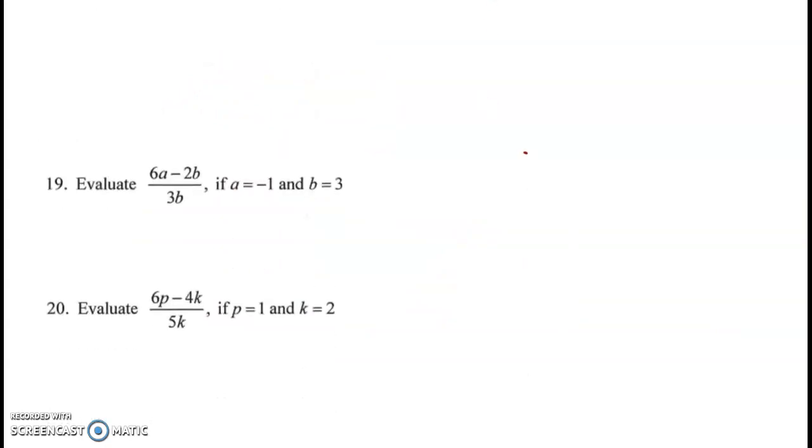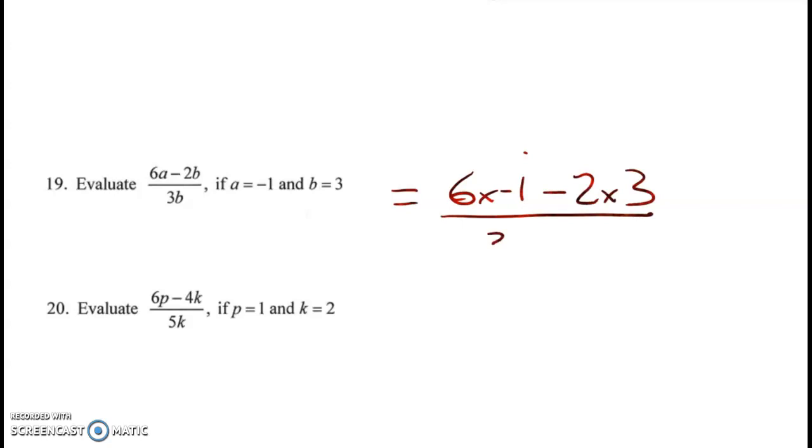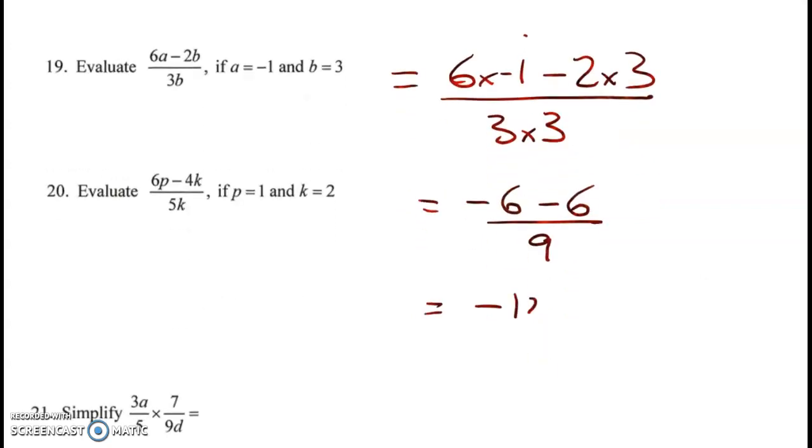Okay, so the next one here, we're going to have 6 times negative 1 minus 2 times 3 divided by 3 times 3. That gives me negative 6 minus 6 divided by 9, which is negative 12 over 9, and we simplify that to negative 4 over 3. So starting to get a few lines of working, but they're just linking up our number skills. Number 20 is our last substitution one.